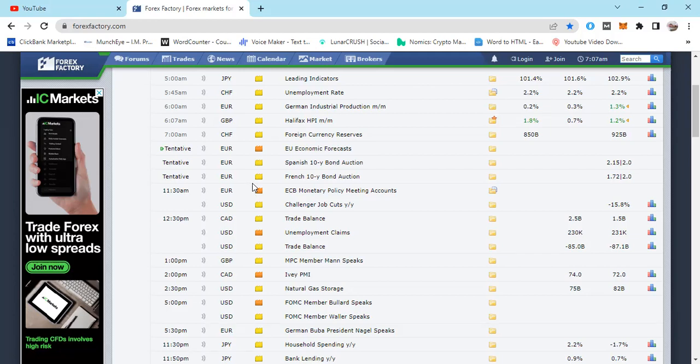So I'm expecting GU to start to kick off any moment from 8 going. We should see some massive move on GU to our zone of interest.